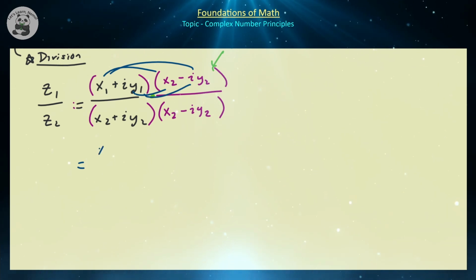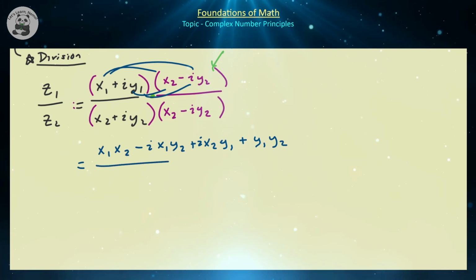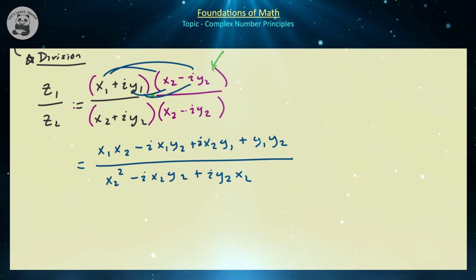So on the top, we're going to have x1 x2 minus i x1 y2 plus x2 i y1, and then i times minus i is going to be positive 1, so we're going to have positive y1 y2 on top, and on the bottom we're going to have x2 squared minus i x2 y2 plus i y2 x2, and then minus i times i is positive y2 squared.